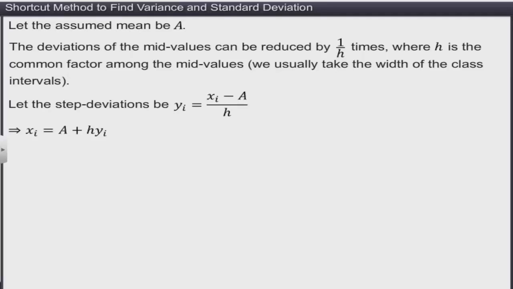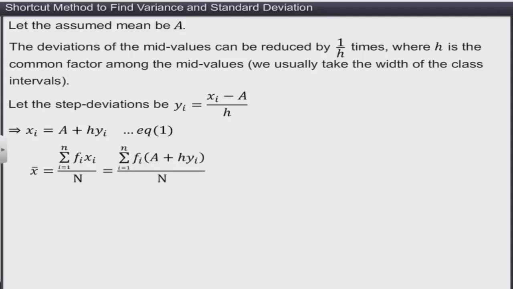We know that the mean x bar is equal to the sum of the products fi and xi divided by n. On replacing the value of xi from equation 1, x bar is equal to the sum of the products of fi and a plus h yi whole divided by n.